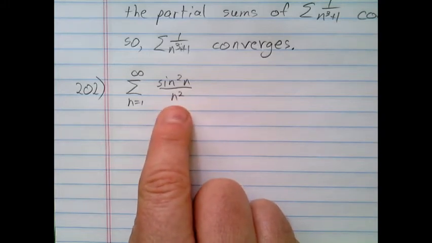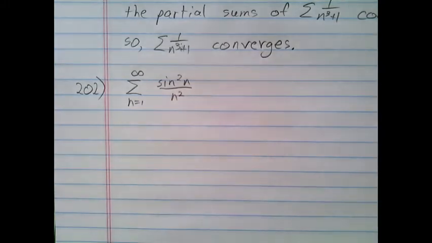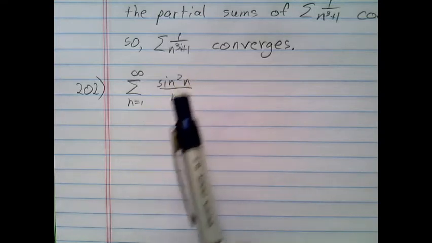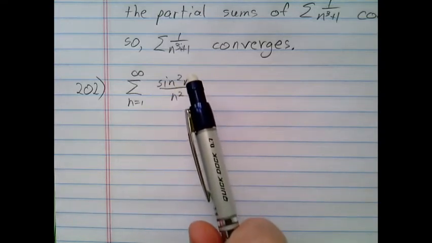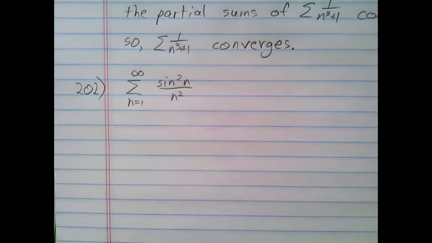But the fact that I see that n squared in the denominator makes me think, because of that n squared there, I might be able to make a comparison with a p-series. Now the p-series where the nth term is 1 over n squared is convergent.